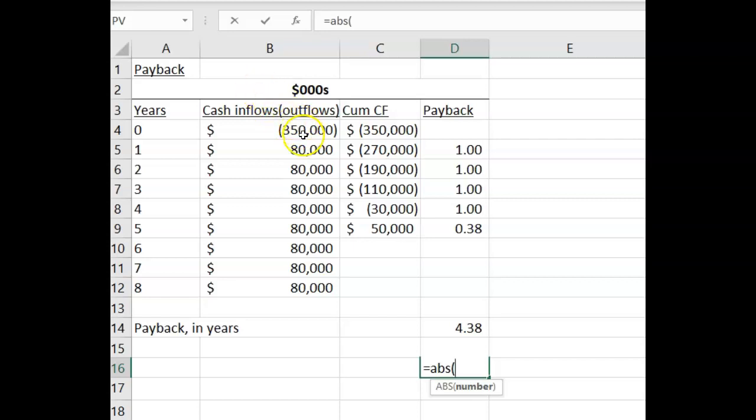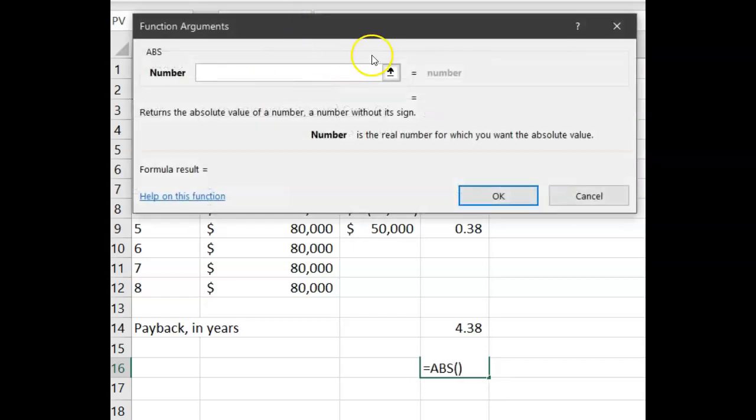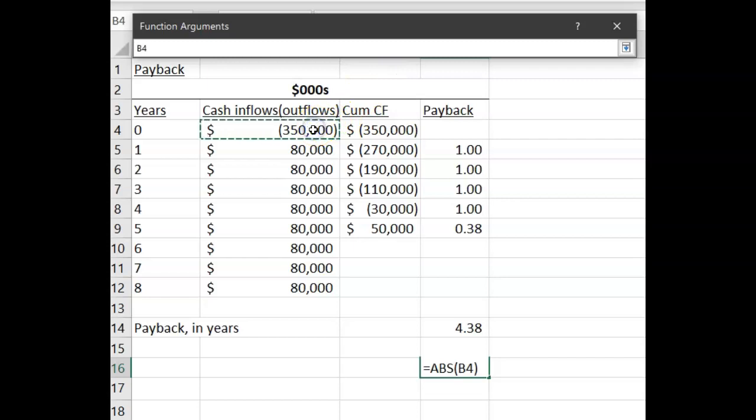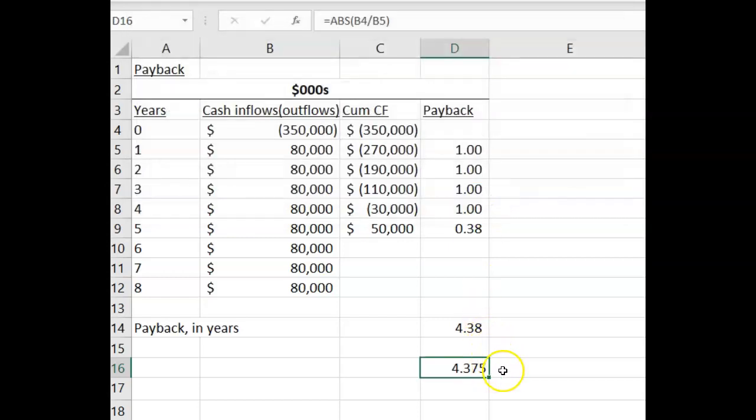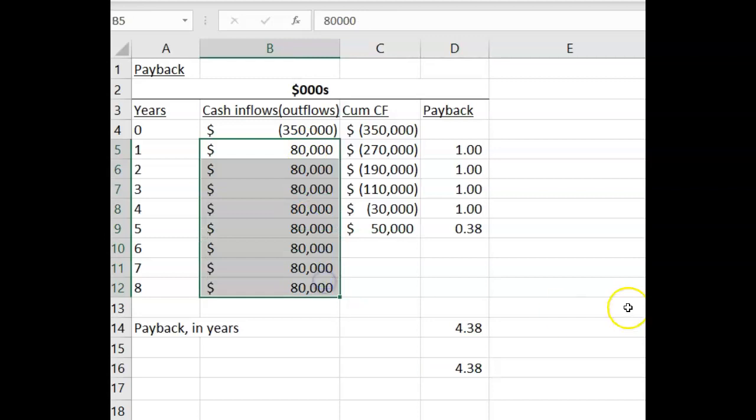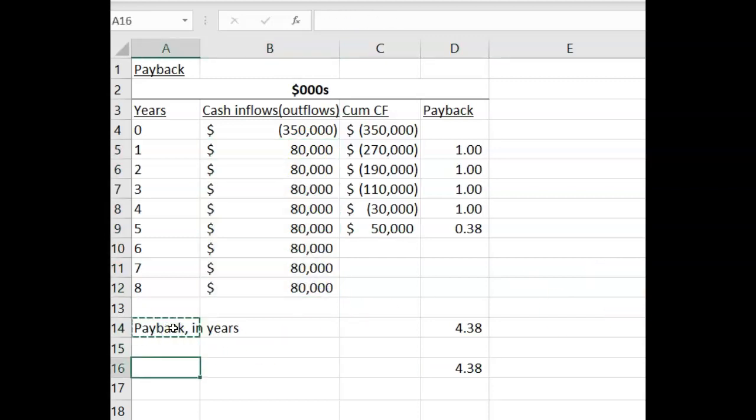I'm going to take the absolute value, I'll call it up, 350,000, divide it by the annual amount, 80 million, and put this down here. And you see it's the same number. Now, if I format that, it'll be exactly the same. So if all the numbers are the same, doing payback in years is a lot simpler.